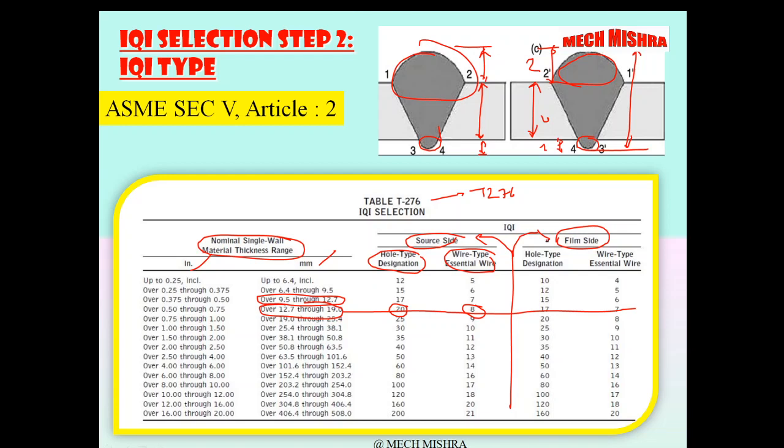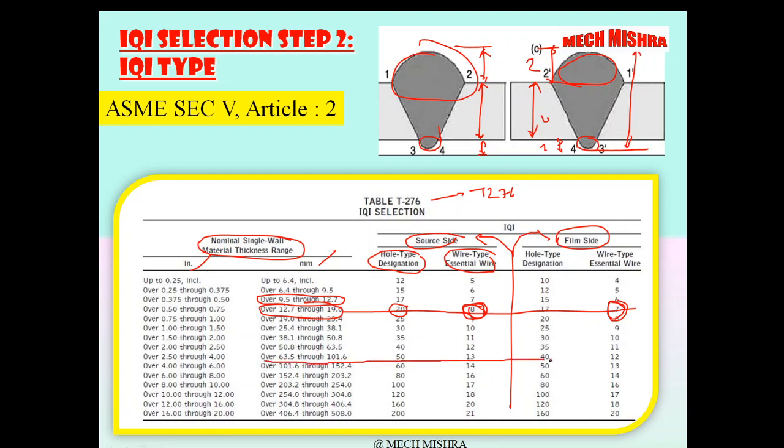We will understand later whether I need to put it on the source side or on the film side. But if I am putting it on the source side, the essential wire which I need to look at is 8, but if I am looking at film side, the essential wire I need to check is 7. So that's how we need to select. Okay, if my thickness is 100 mm, so 100 mm will be here.